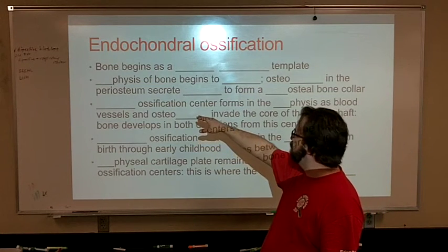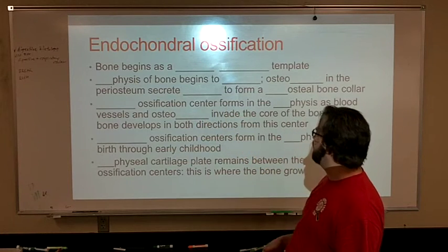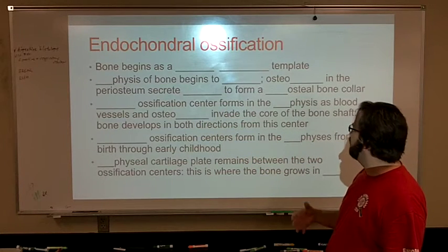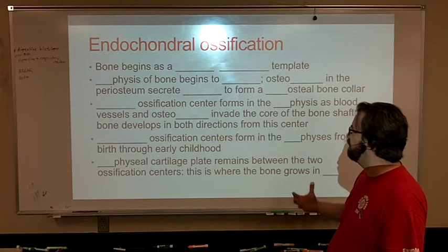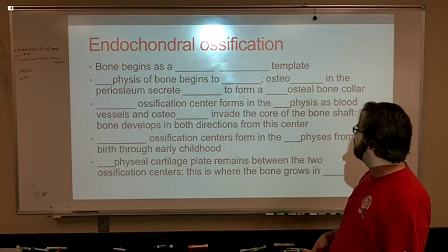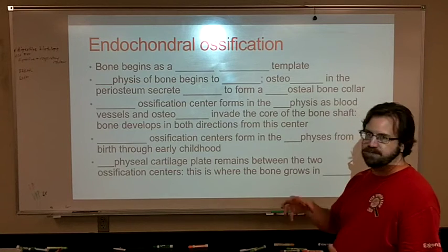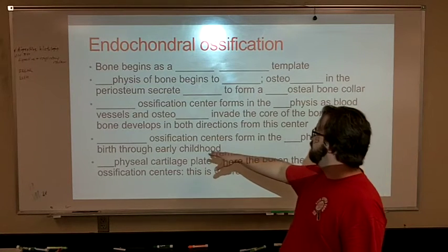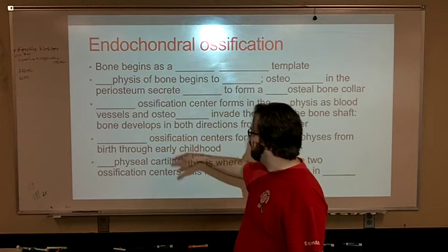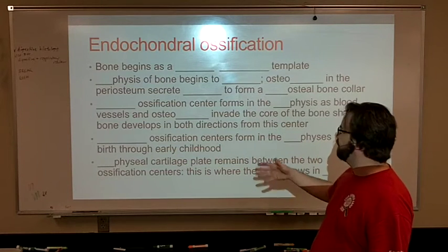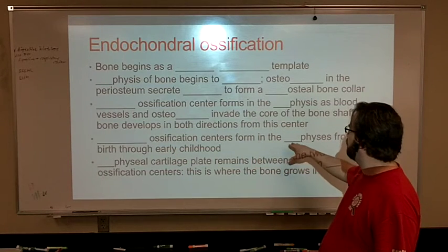Then a primary ossification center forms, and blood vessels invade, and osteoblasts invade the core of the bone shaft, and bone develops in both directions from the center. Then a secondary ossification center, well, several secondary ossification centers form in the what?